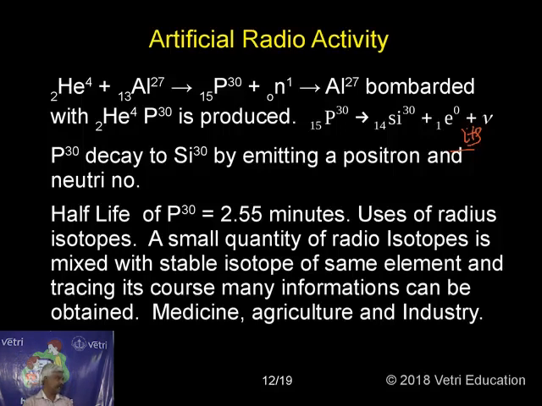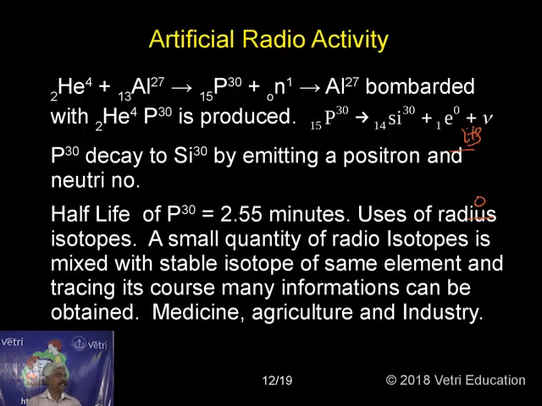Uses of radioisotope, not radius. This is called radioisotope. What are the uses of radioisotope? We can take an isotope of any element that is kept inside a particular aluminum vessel, that may be kept inside a nuclear reactor for several weeks.